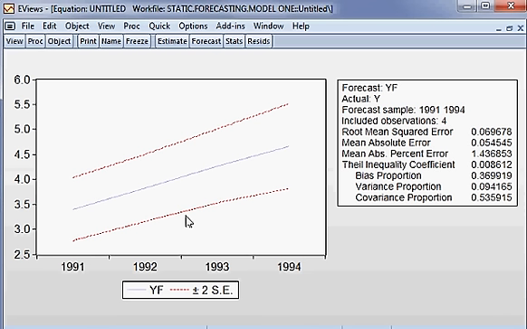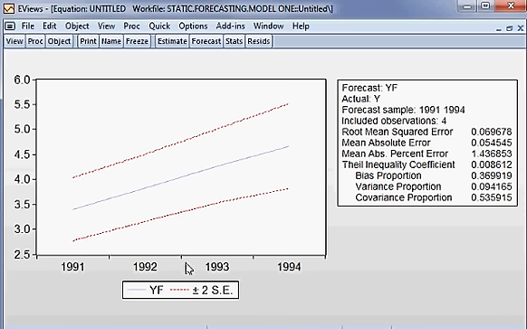So we are happy about it, because this line is passing within two standard deviations or 95% confidence interval.